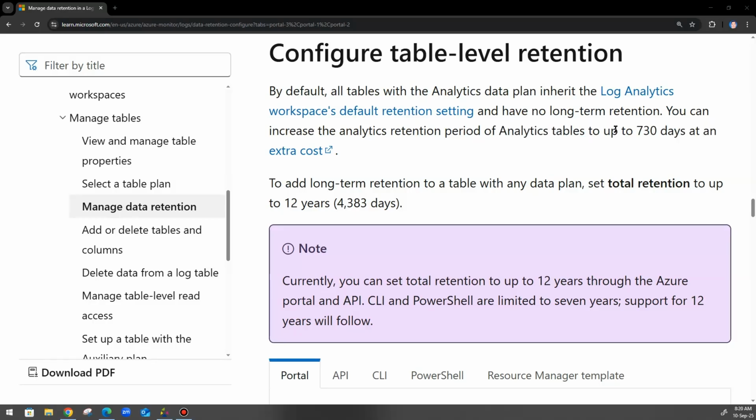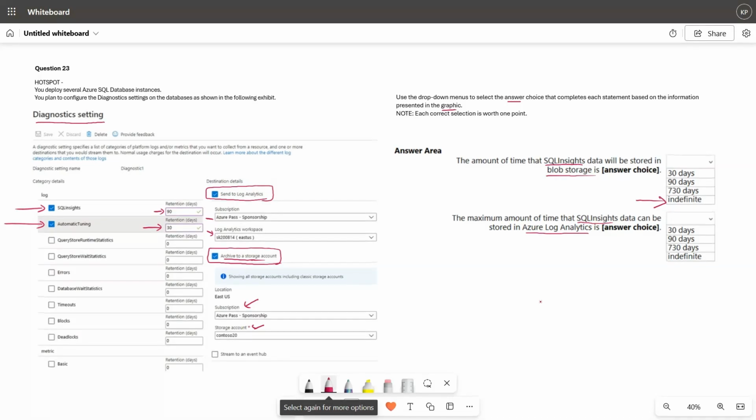Let's go back to the question. The question says the maximum amount of time that SQLInsights data, which is a table basically, can be stored on Azure Log Analytics. So we know that it is 2 years, which is equal to 730 days. Therefore, 730 days is the correct answer.